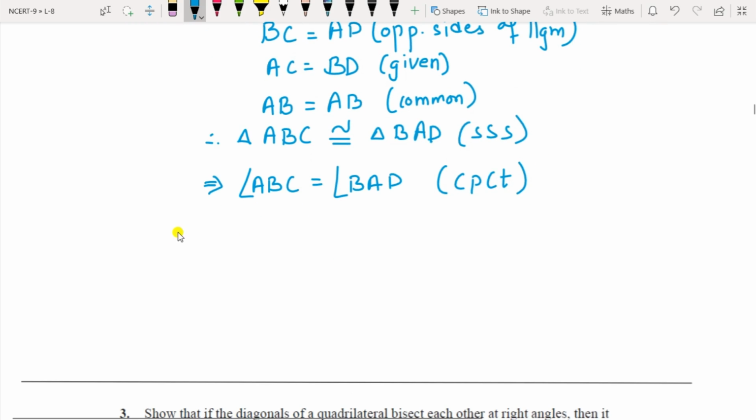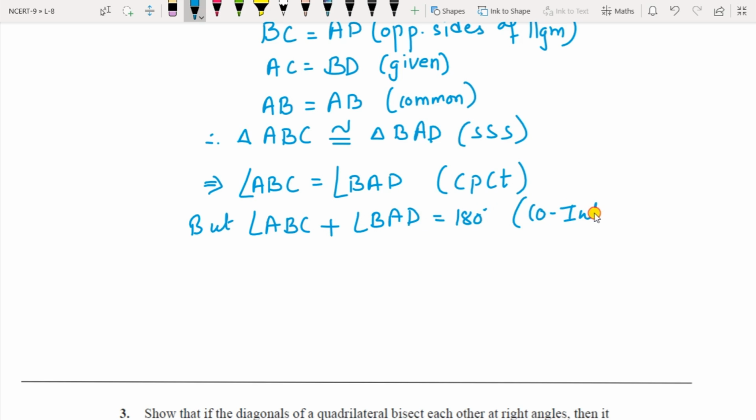So therefore, angle ABC plus angle BAD is equal to 180 degrees. The reason is co-interior angles. Okay. So now, just now we have proved that these two angles are equal. So in place of these two, we can write any one angle.